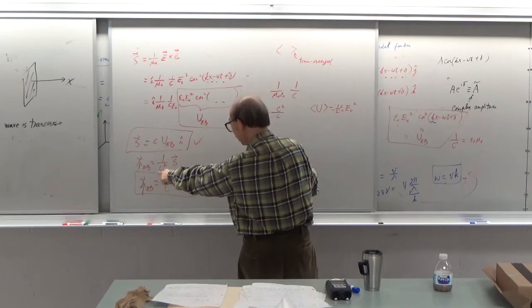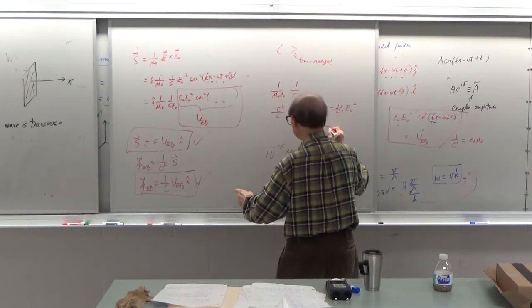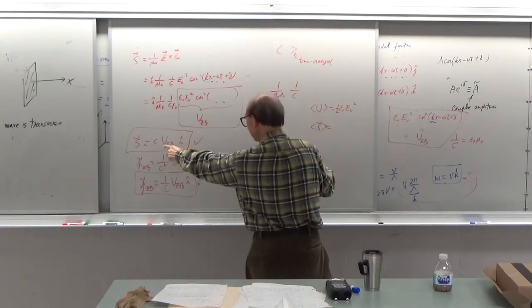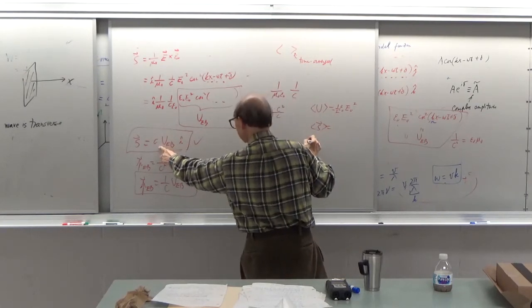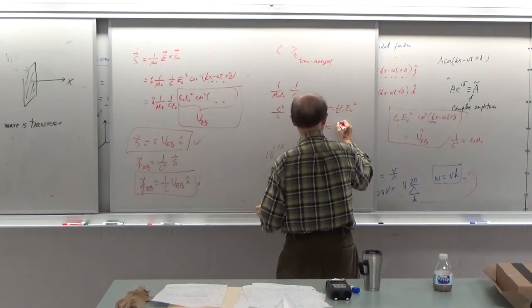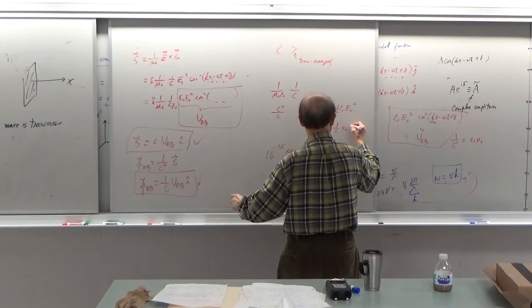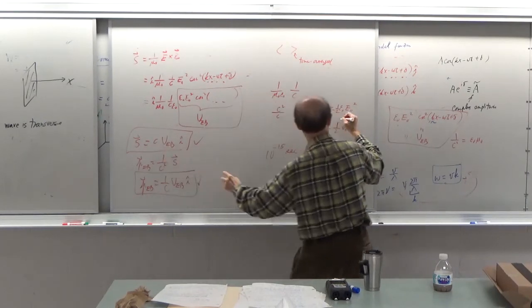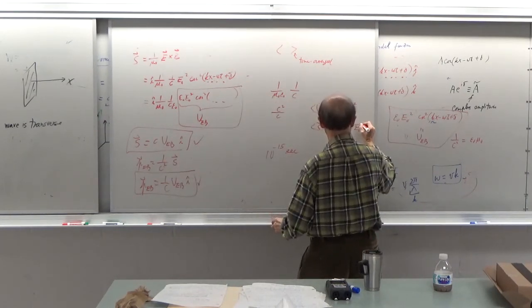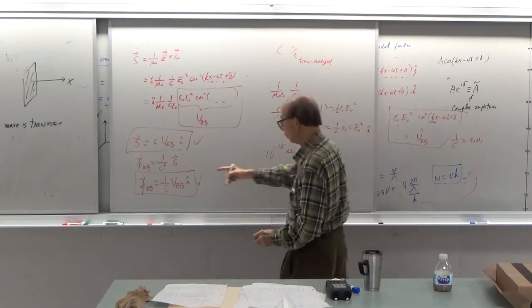And the average of S, of course, is c times that. So 1/2 epsilon naught c E naught squared along the direction of propagation, and similarly for P.